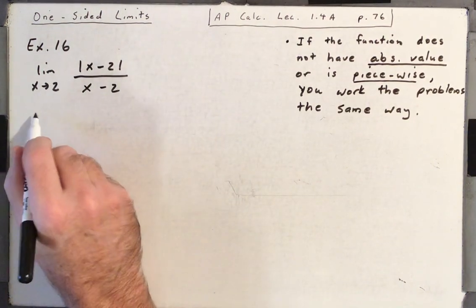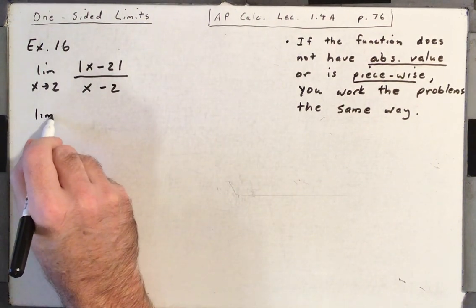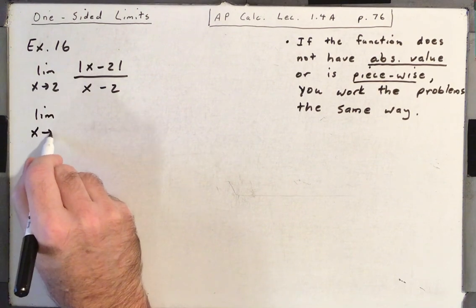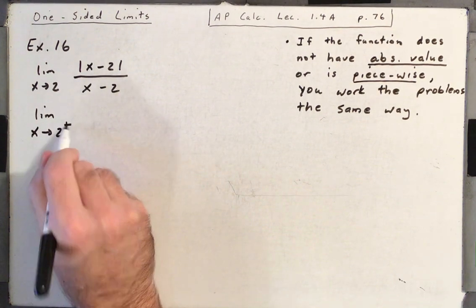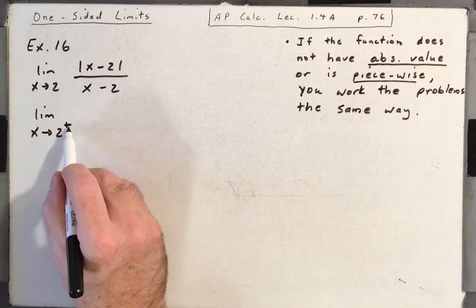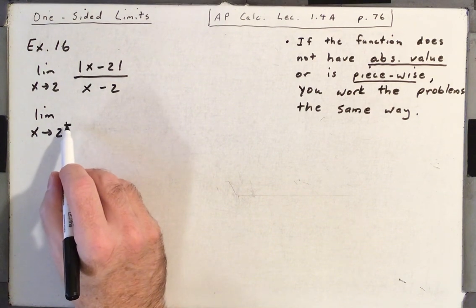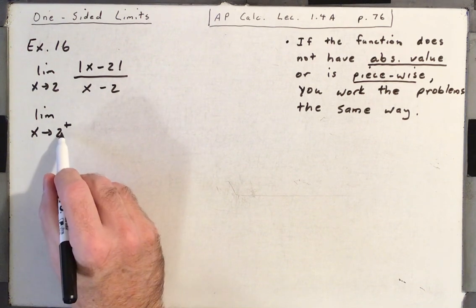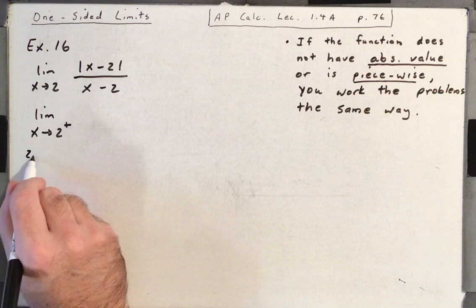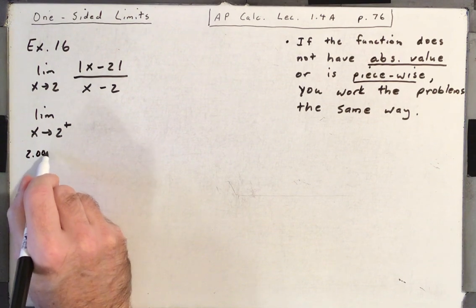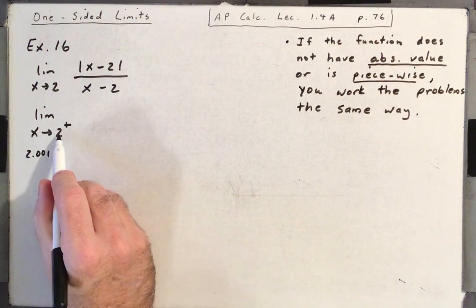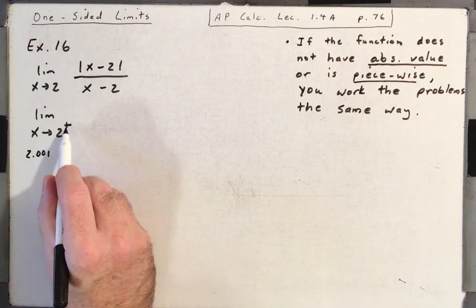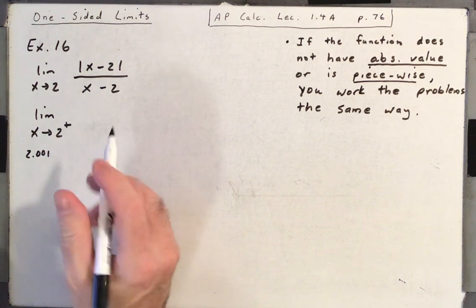We need to take the limit from the right and from the left. So 2 plus, right? Well, what you want to think about is that this is a number that's just a little bit over 2. Let's think 2.001. Okay, that's a little bit over 2, right? Coming from the right, or correct.